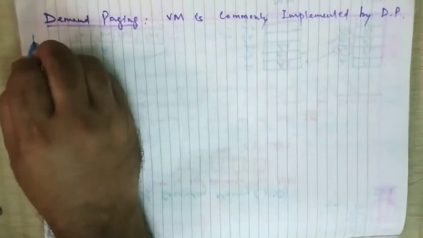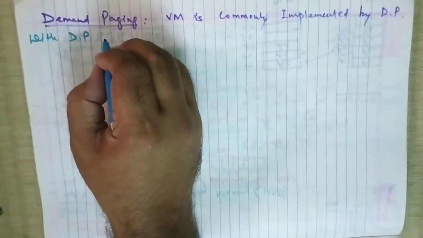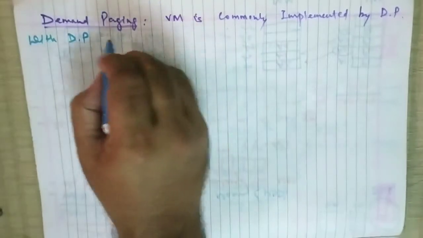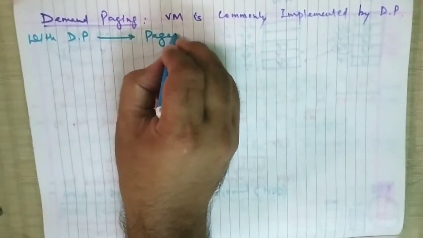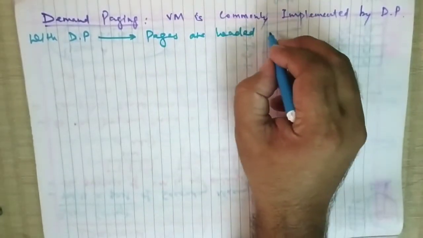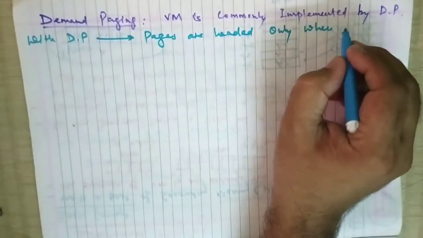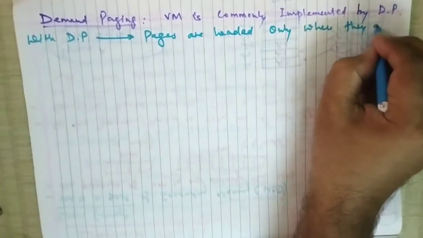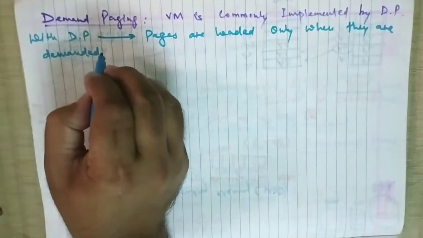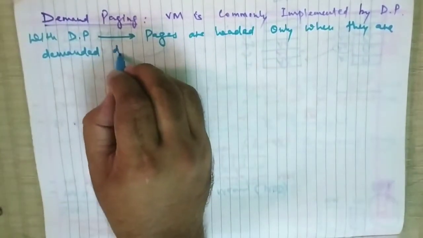With demand paging, pages are loaded only when they are demanded during program execution.